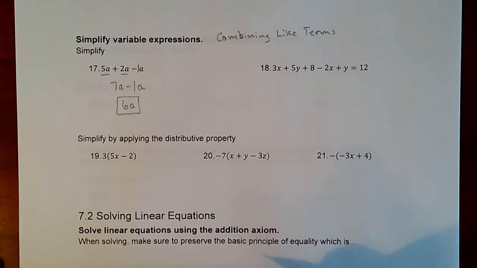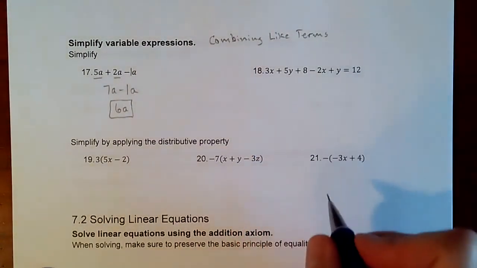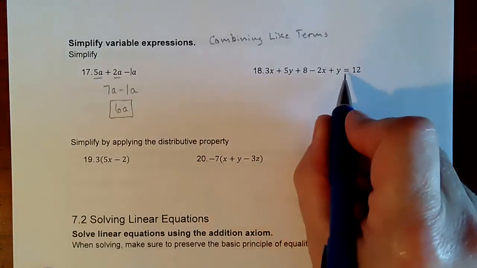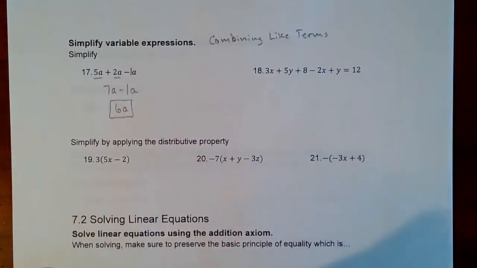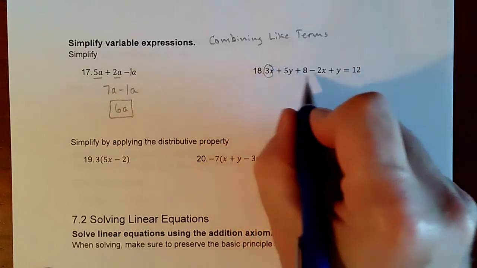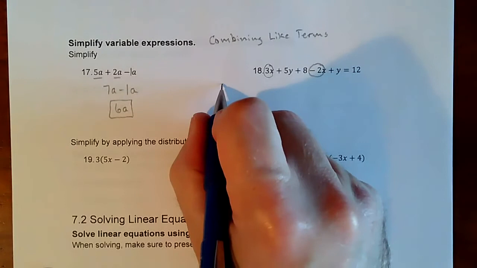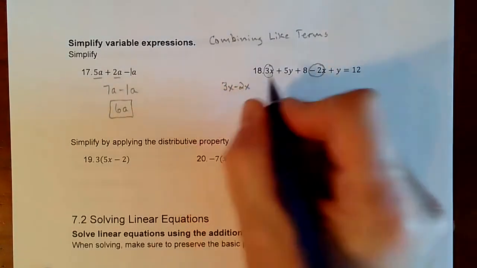Okay. And then over here, we got some like terms. Let me try to organize this a little bit. We got 3 separate kinds of like terms. We're not solving. I know there's an equal sign on here, but we're not trying to solve anything. We're cleaning it up basically. So we have a 3x and a negative 2x that need to go together. So you got a 3x minus 2x.